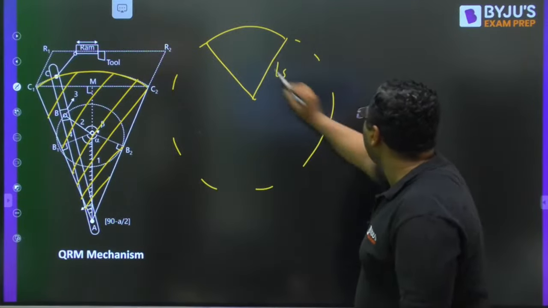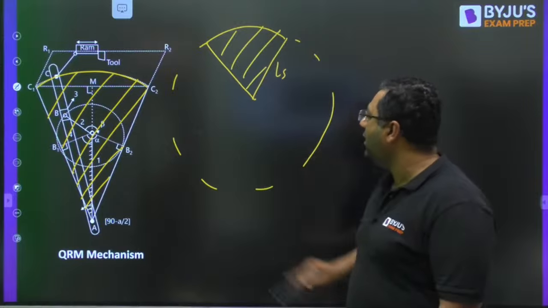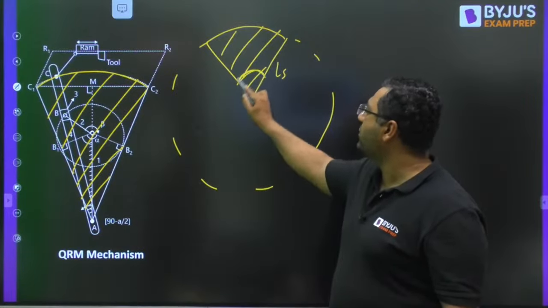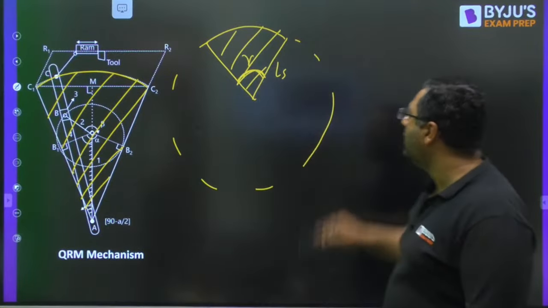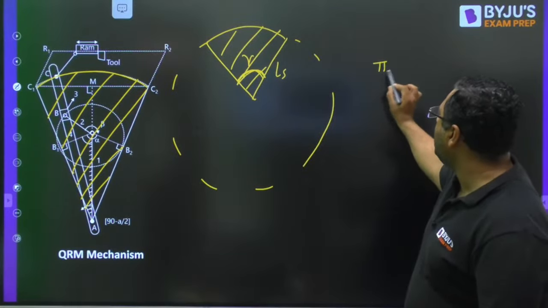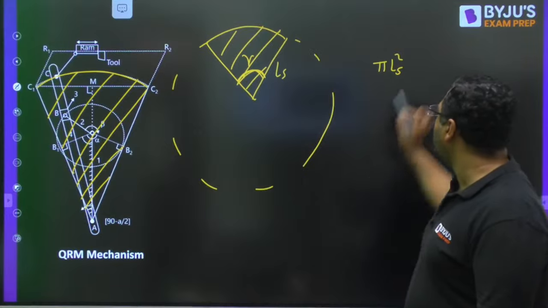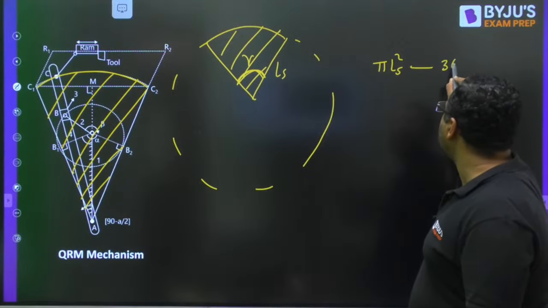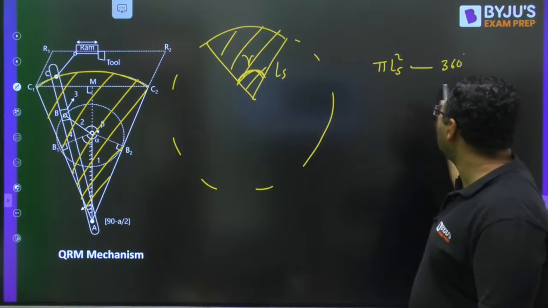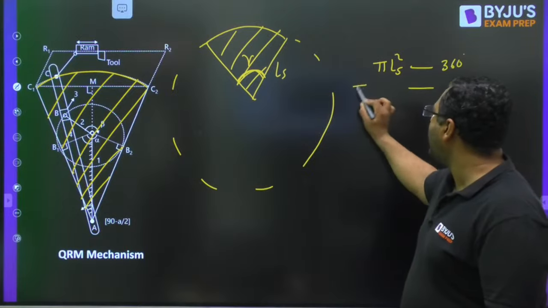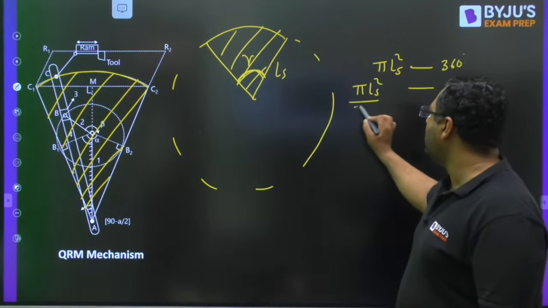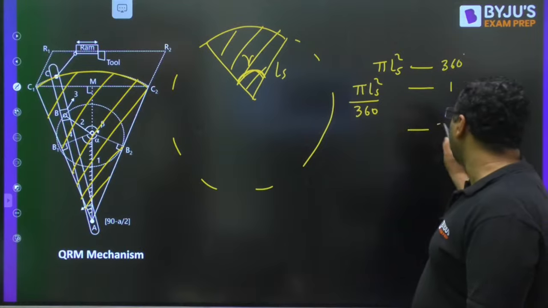So if we want to write down this area, we must know this angle. If this angle is gamma, then the total area of the circle is pi LS squared. This is the total area of the circle, and that is for 360 degrees. Then for 1 degree it is pi LS squared divided by 360, and we want it for gamma degrees.